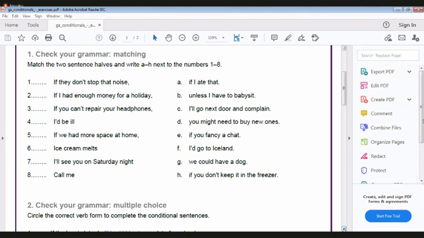Okay, so here, match and write down the sentences. On the left side you have 8 sentences, both if clauses and main clauses.